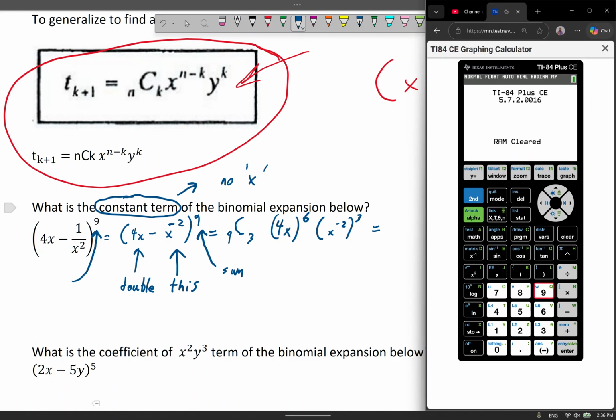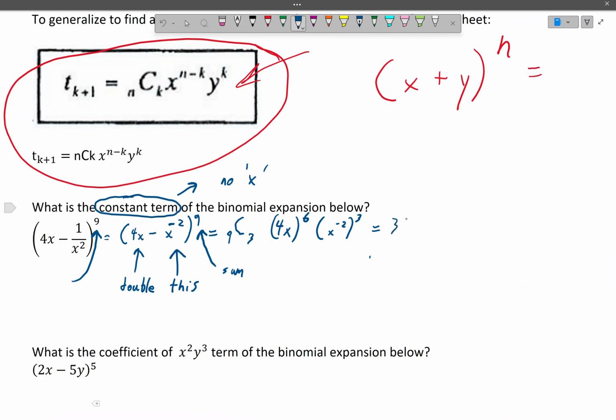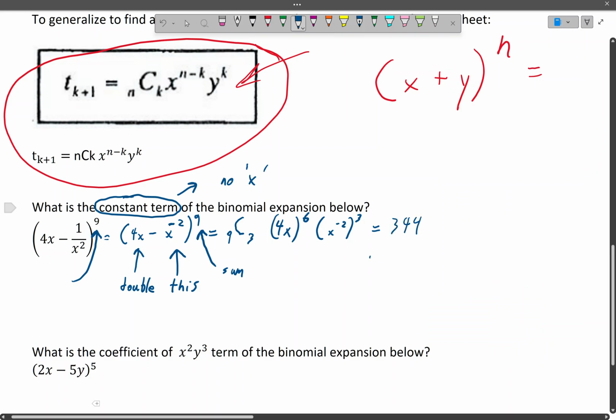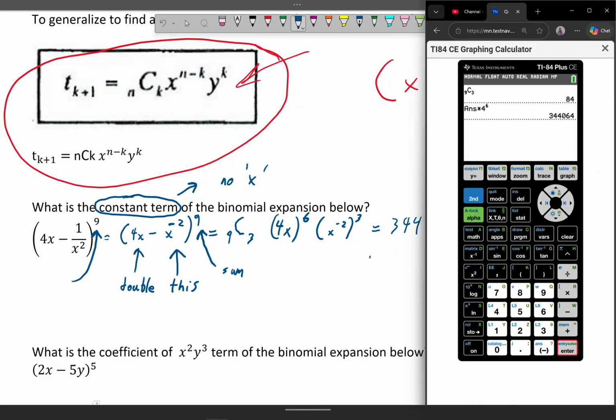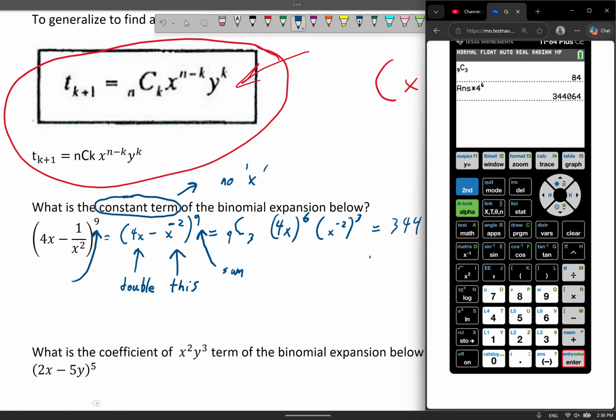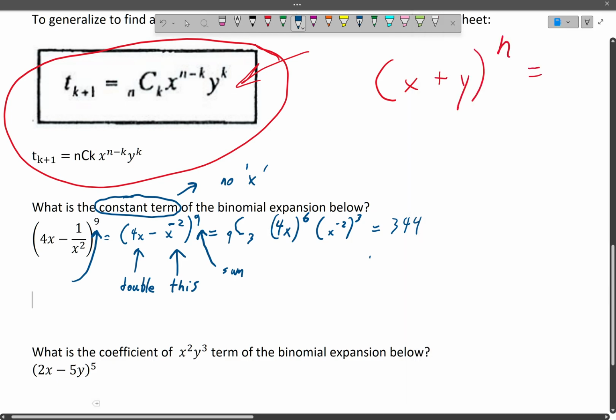We're going to put in 9 choose 3, which is 84, and then times by 4 to the exponent 6. And so we get the answer of, this is a wildly big answer, 344,064.